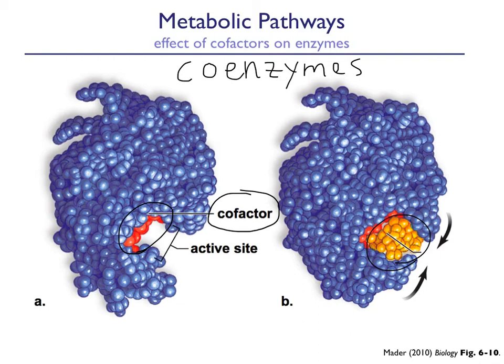In the next two chapters, we'll be talking about two coenzymes, NAD plus and NADP plus, that will serve as cofactors for photosynthesis and cellular respiration. So just something to keep in mind for a future chapter. So cofactors and coenzymes can affect the rate of reaction. If you don't have a cofactor or coenzyme available, the reaction will be limited. But if you have them available, it'll speed up a reaction.